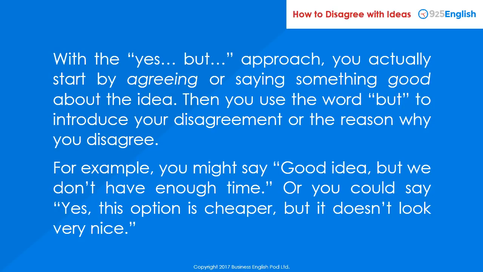Then, you use the word but to introduce your disagreement or the reason why you disagree. For example, you might say, "Good idea, but we don't have enough time." Or you could say, "Yes, this option is cheaper, but it doesn't look very nice."